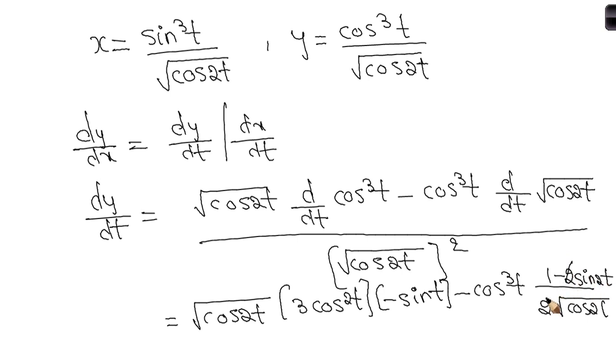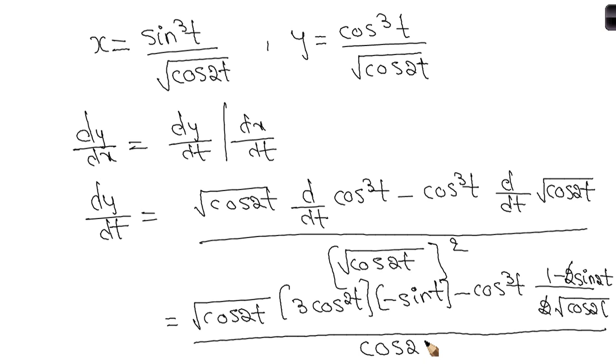So the 2 and 2 get cancelled, upon cos 2t.